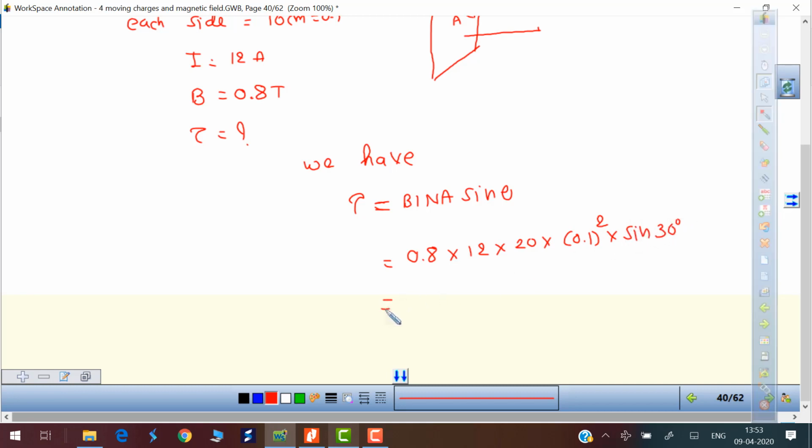If we put all these values, then you get 12 96, 96 2 192, and divided by 2, the 2s cancel, so the figure will be 0.96. So you are getting 0.96, and that is joule, or you can say Newton meter. So this is your answer.